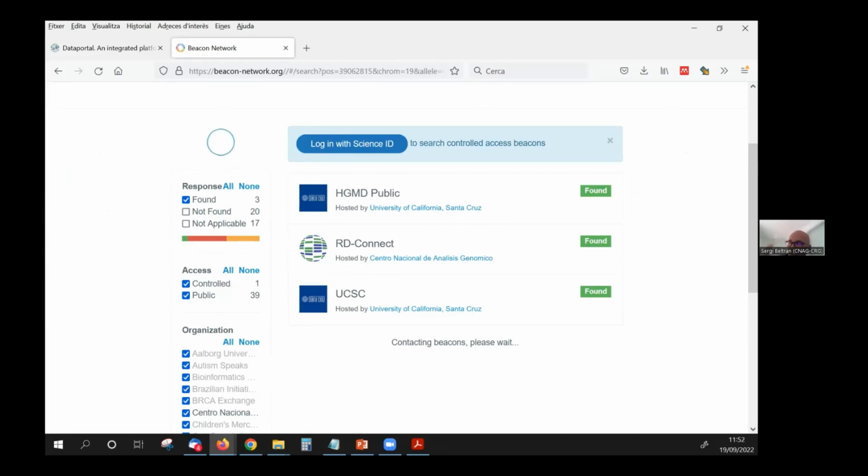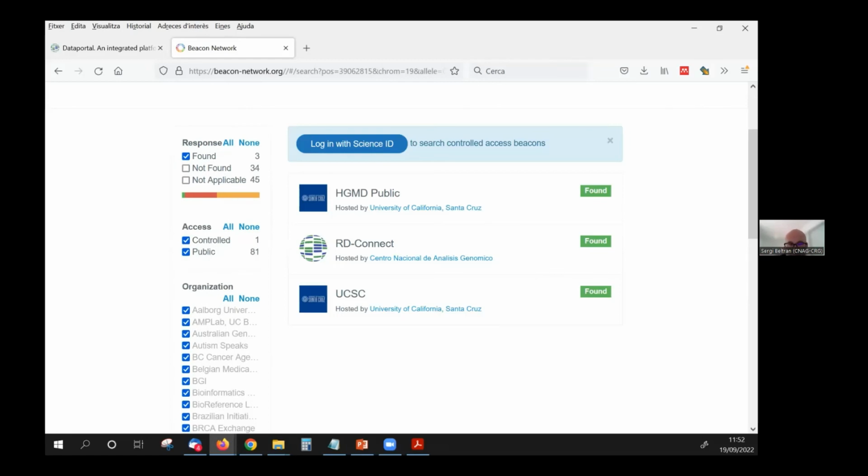This is a database that states pathogenicity of variants or gives us information about specific variants. And also we have it in UCSC, which, as you know, is like a map viewer, with annotation tracks also. So there's a lot of information there, and also we see it in RD-Connect. So again, this specific variant is very, very rare. We only saw it in 2 annotation sources plus in RD-Connect.